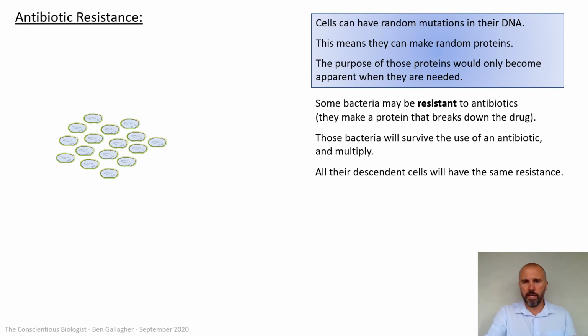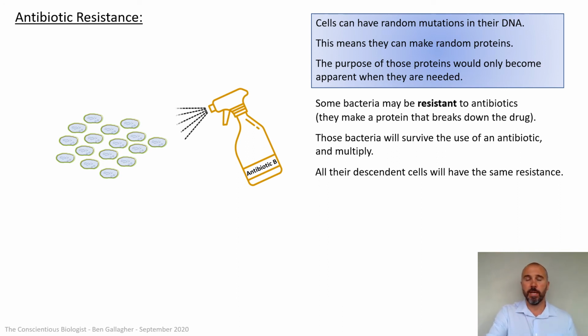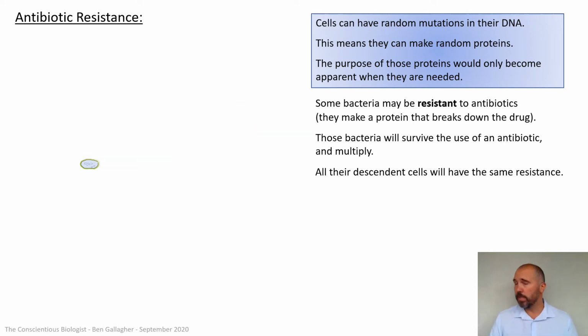So you might go, okay, well, I'll change antibiotics then. I'll now use antibiotic B, a different version of an antibiotic. I'll spray them with my antibiotic B. And again, yay, it should kill pretty much all of them. But if you don't use it properly, if you don't use enough, if you don't use it often enough, some of them will still survive. Now, that bacteria that's over there, that was resistant to antibiotic A because it was one of the offspring from that original one.